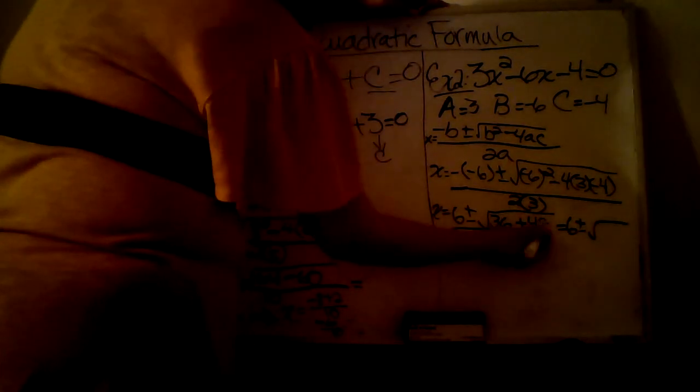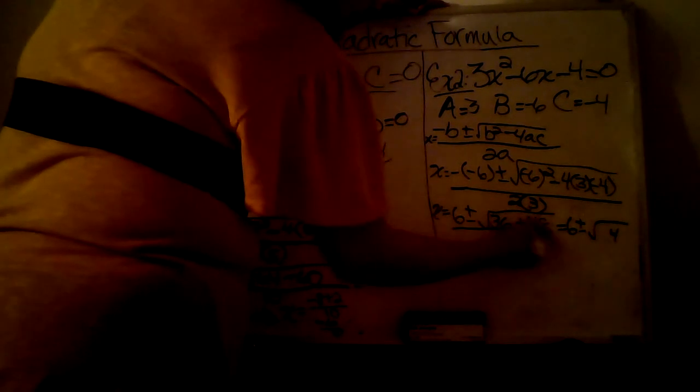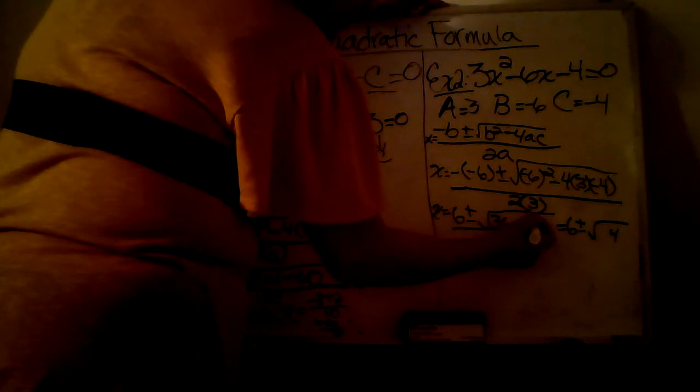So then we end up with, over here, 6 plus minus the square root of 36 plus 48. 8 and 6 is 14, carry the 1. So that's 4, 5, 6, 7, 8. That's 84, all over 6.